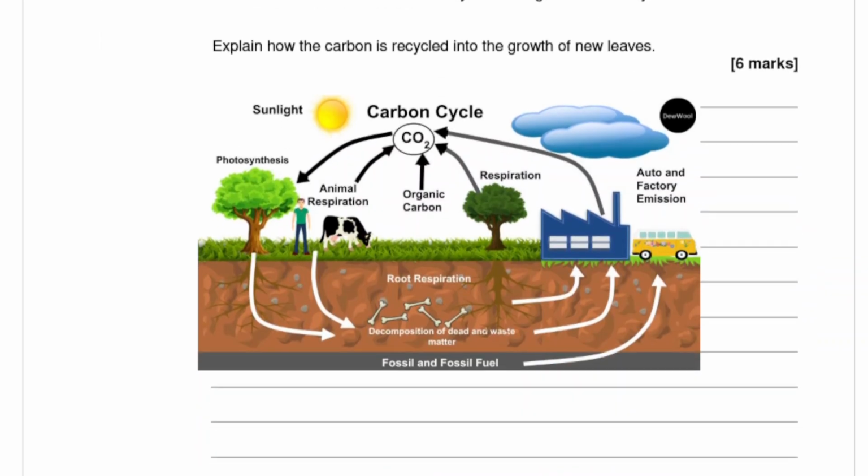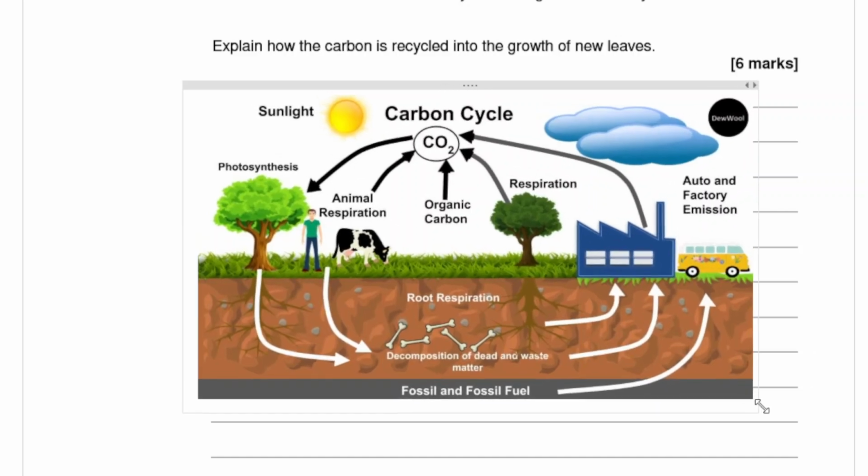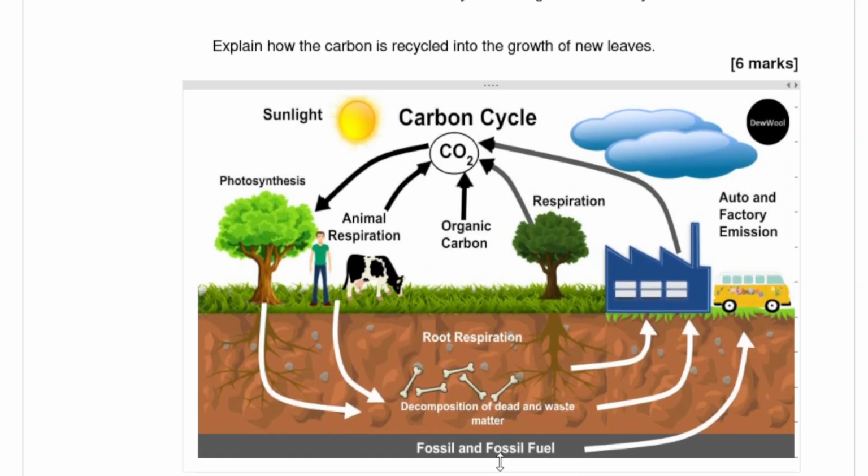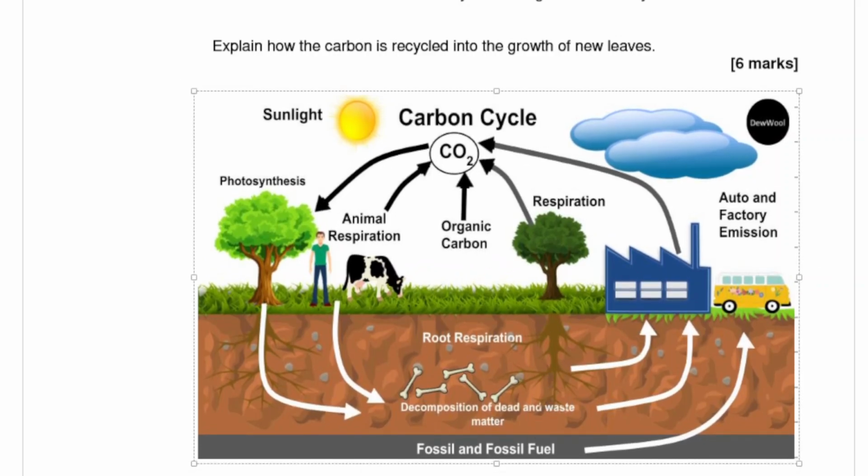photosynthesis is the only process that actually removes carbon dioxide from the atmosphere. All the other processes release carbon dioxide into the atmosphere. So normal respiration by all living things, by plants and by animals, and combustion of fossil fuels also release carbon dioxide into the atmosphere.